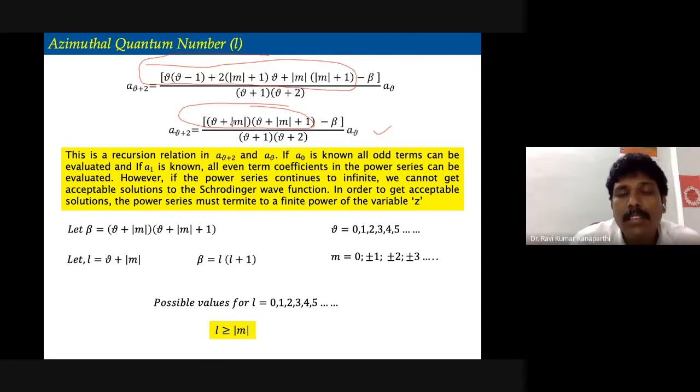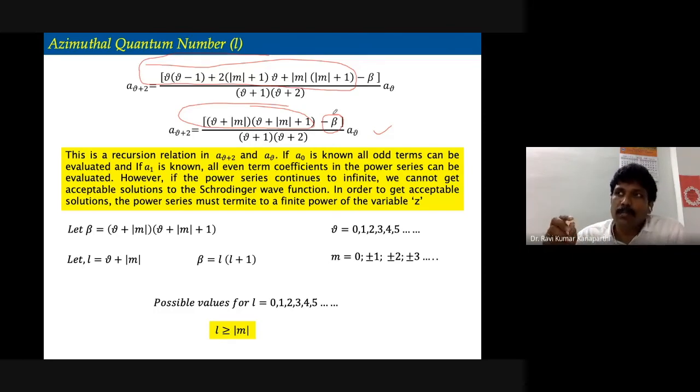In the recursion relation, as you can see here, beta is introduced as a constant. Please recollect the theta expression: 1 over sine theta dou by dou theta sine theta dou by dou theta plus beta minus m square by 1 minus sine square theta, which is taken to be minus beta, and beta again is introduced as a constant.